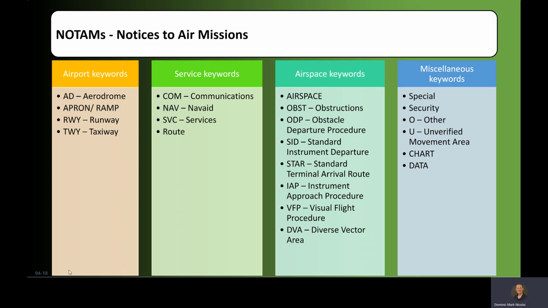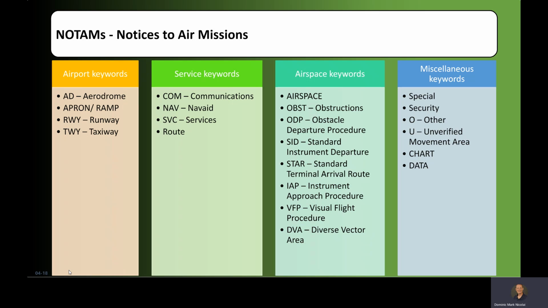They've been broken down into distinct keyword areas to help you sort through the information better, to help you identify things that are critical for flight safety versus nice to know information, versus this could be just absolutely useless information for you, but they still have to give you a NOTAM.